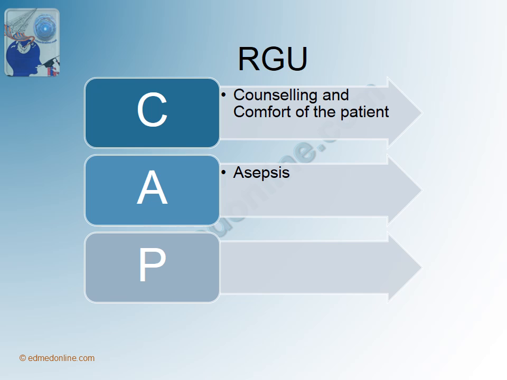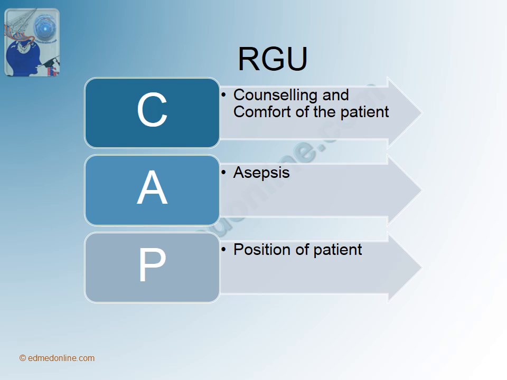A contrast is injected in an area which is likely to be traumatized, and hence it's of great importance on the part of the person doing the procedure that all aseptic precautions are maintained so that any infection is not introduced. Even if all asepsis is maintained, it is imperative that an antibiotic cover is given so that whatever little infection might have inadvertently been introduced is taken care of by use of antibiotics.